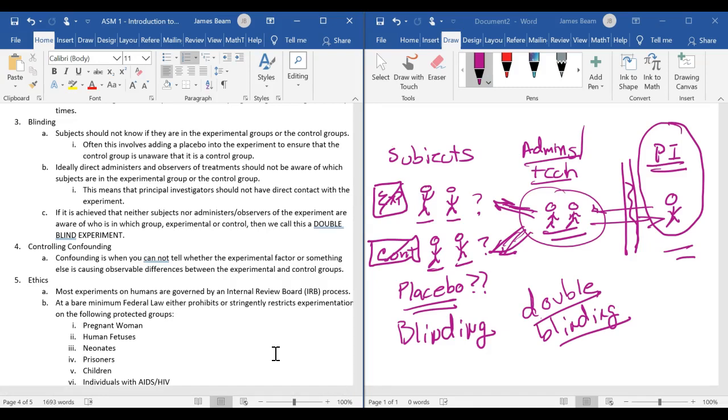Okay, so we're doing a drug trial and we want to know whether or not the effect that we're getting is a result of the drug or a result of somebody's gender or their age or something like that. So we try to create controls. And usually in order to do that, you need to have multiple experimental groups and control groups.